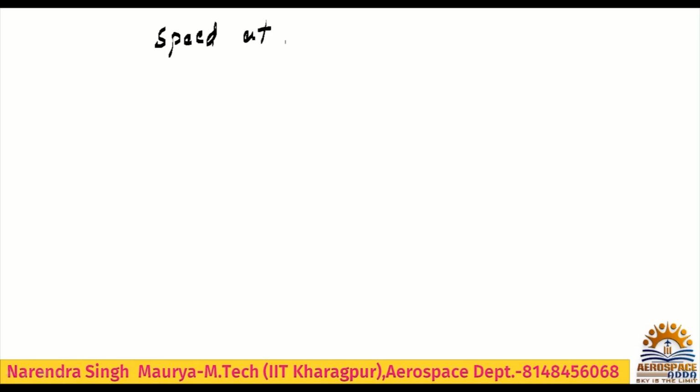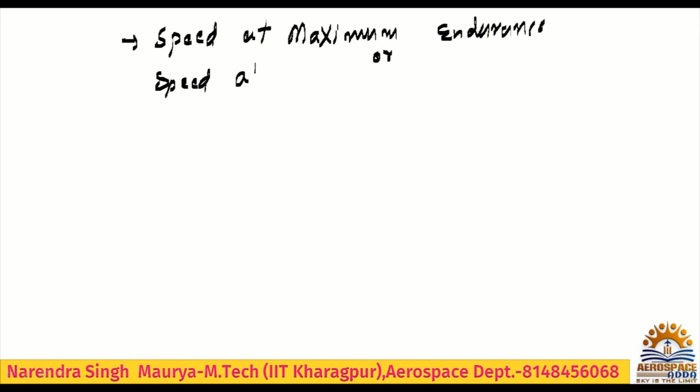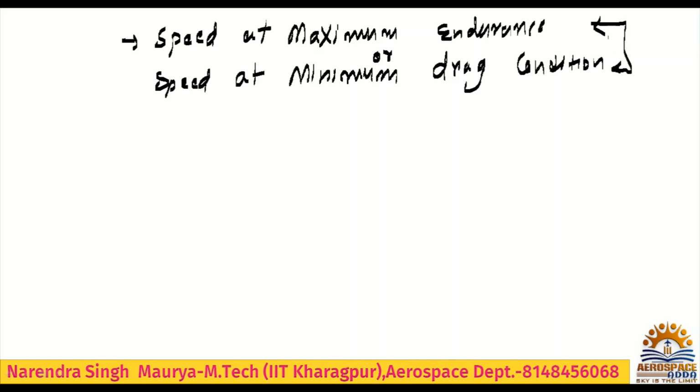You just write this sentence: speed at maximum endurance, or you can write speed at minimum drag condition. The meaning is the same, because both statements are the same thing.